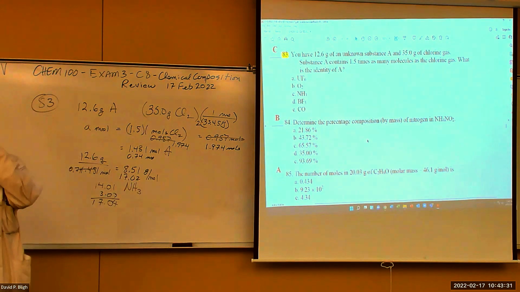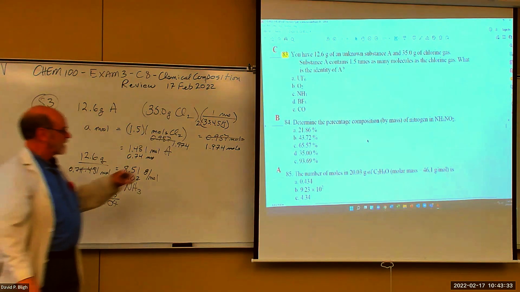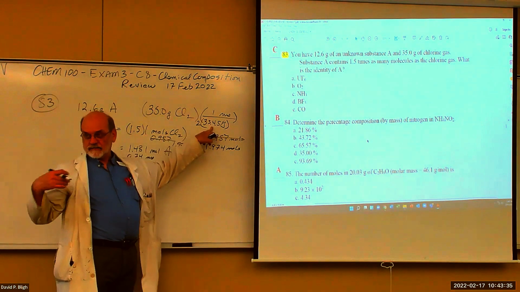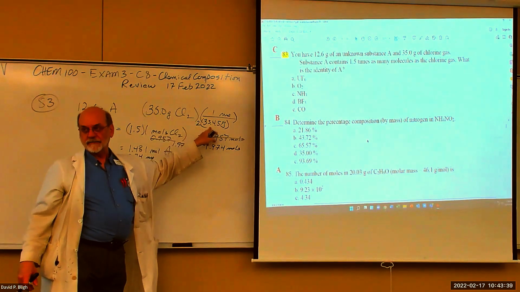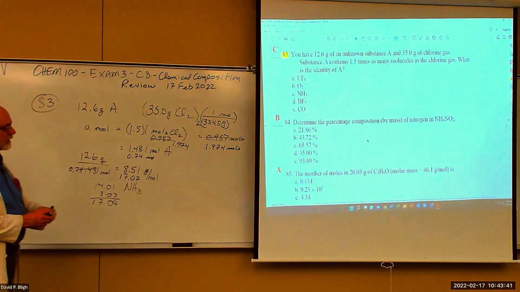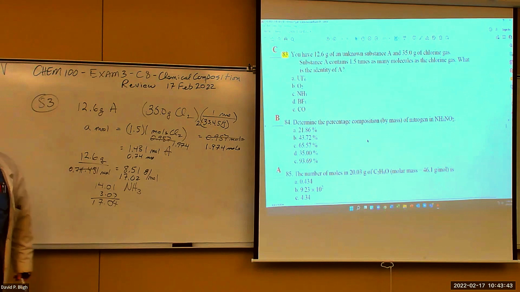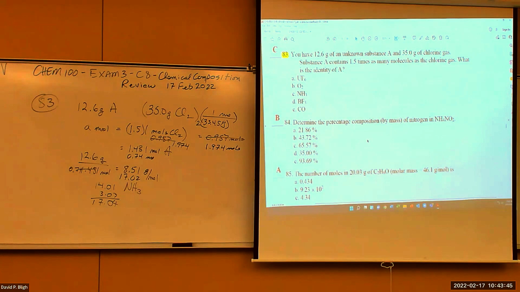That's how easy it is to make those mistakes. I used the molar mass of chlorine, but it's diatomic, so it has to be twice that. I'd like to say that it was a planned error, but no, I just goofed.